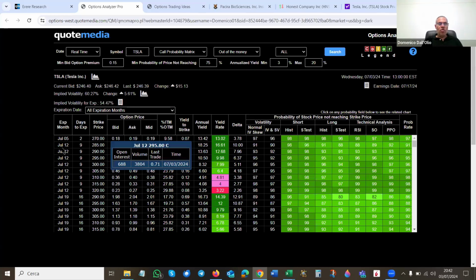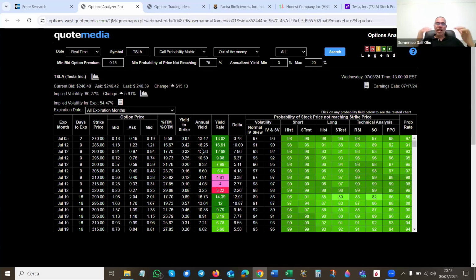So aside from this case, which is a very poor trade, let's look, for instance, at the second one. On July the 12th, 9 days from today, short selling a call which provides a gain of $1.20, so it's $120 more or less, with the price of the stock needing to increase 15.67% to reach the strike price, a 0.42 yield to strike, which means an 18.25 annualized rate of return, which weighted on the average probability of success means 16.61%.